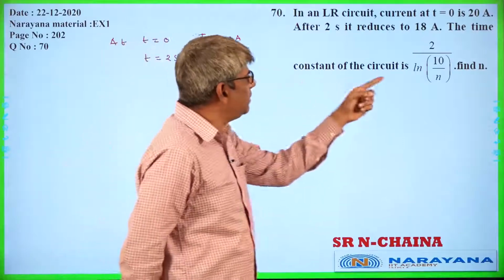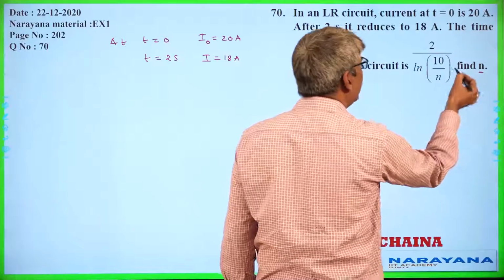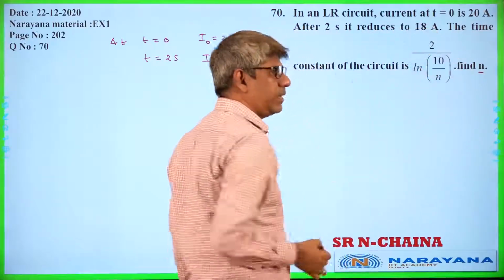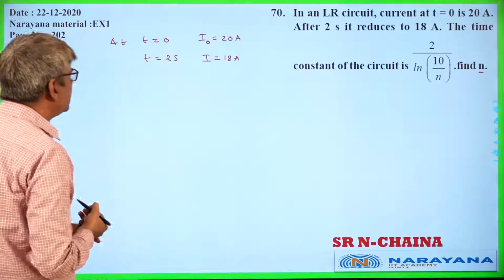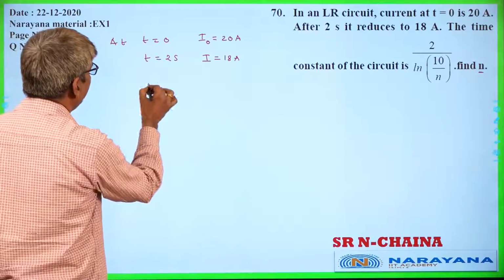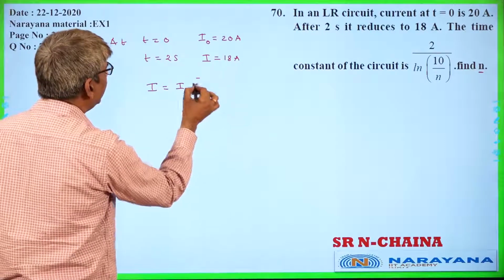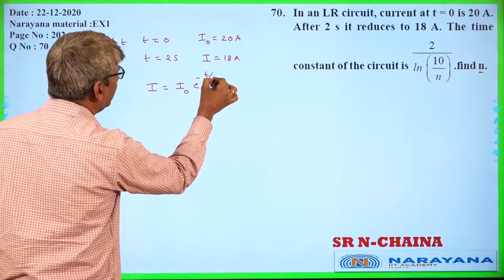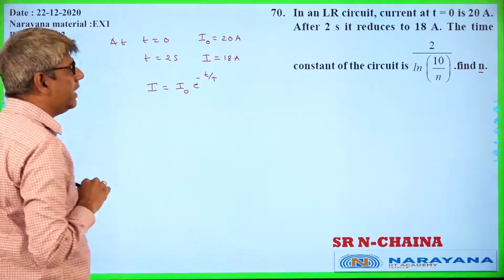The time constant value is being given in this form. It is a numerical integer problem, asking to find the value of n. As it is a decay, we can use the formula I is equal to I0 e power minus t by tau. Tau is to be calculated first.